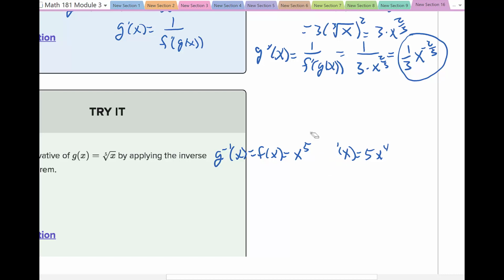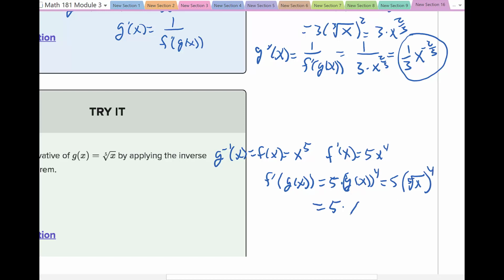And we're looking for f prime of the original g of x, which is going to be 5 times g of x to the 4th power, which is 5 times the 5th root of x to the 4th power. And it might be helpful to see this as 5 times x to the 4/5 power.